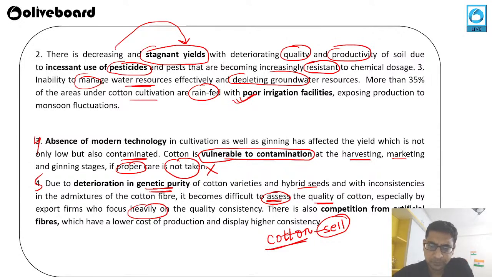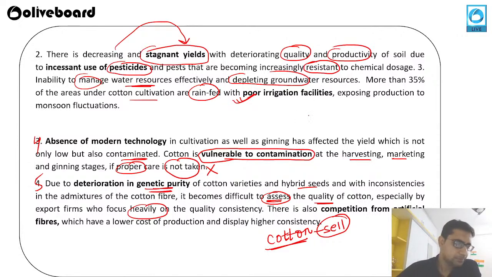So there is no proper way to assess what kind of seed we can use or how to assess proper quality. We don't know properly how to do that. Because of the deterioration in genetic purity, we are mixing one thing with another, and with the herbicides and pesticides we are using, we cannot determine what kind of quality will come from the new crops.